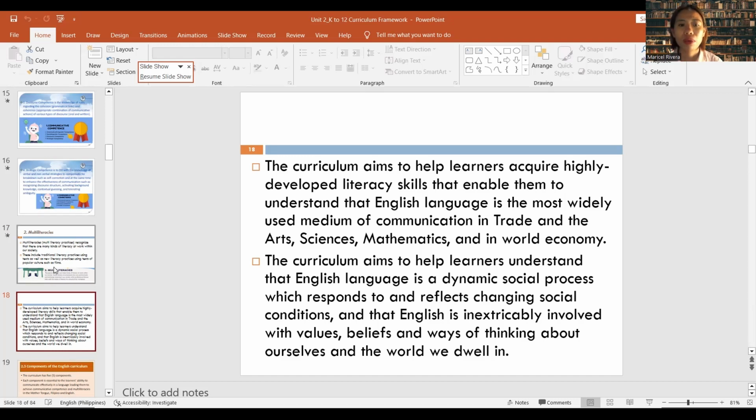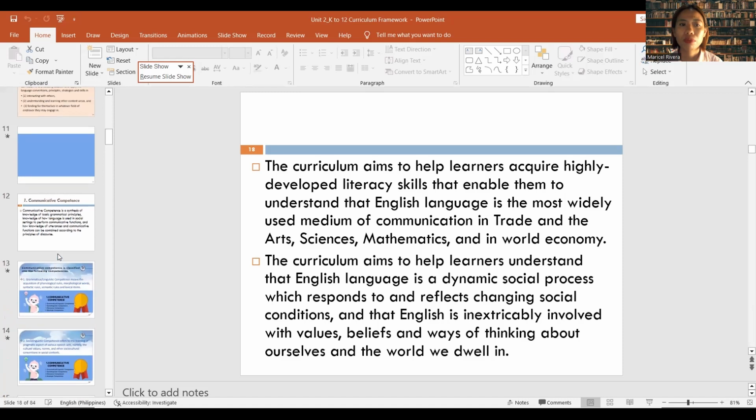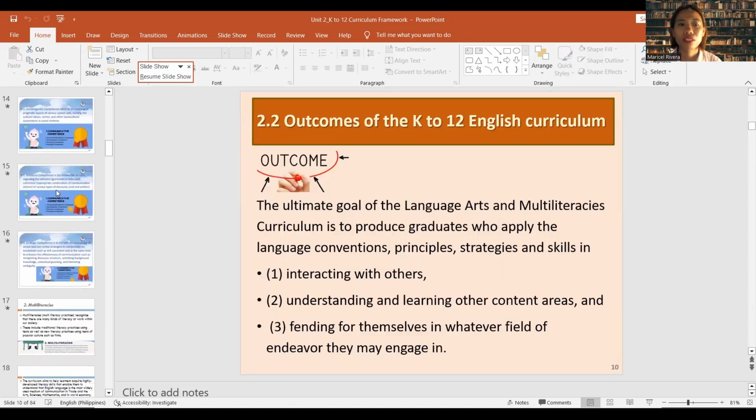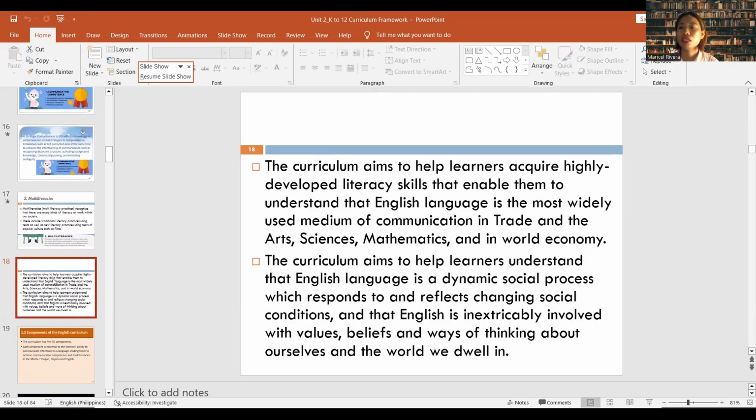So this is all about the ultimate goal or the outcomes of the K-12 English curriculum. So looking into the different competencies and also into its ultimate goal, which is actually understanding the English language and knowing how to use it in various contexts and various disciplines, that's the very aim of it.